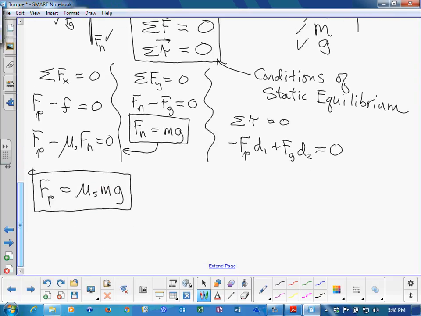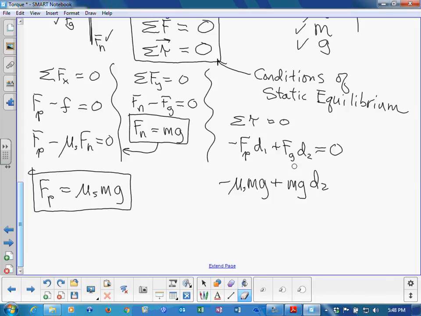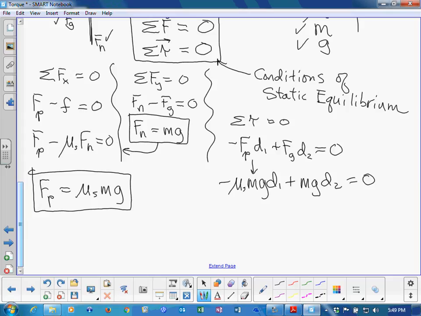Okay, and so now we'll substitute what we know for the pulling force, which is equal to mu times mg, plus the gravitational force is mg, d2, oops, see, I forgot to put in the d1. Okay, this is times d1. Okay, that's the torque, that's this torque right here, plus the force of gravity, which is mg times d2, and it has to be 0.